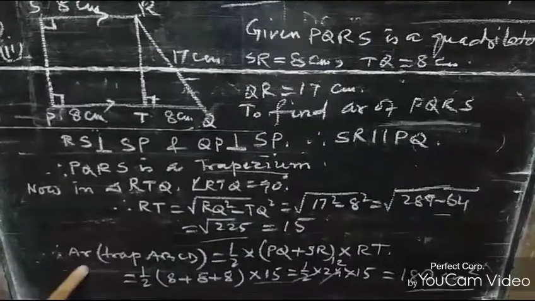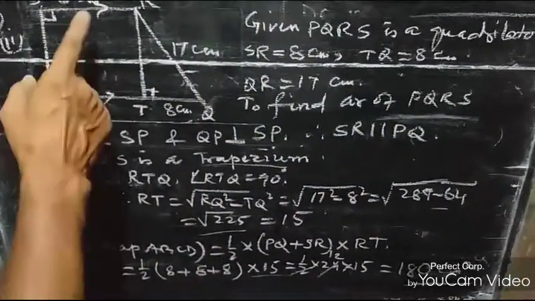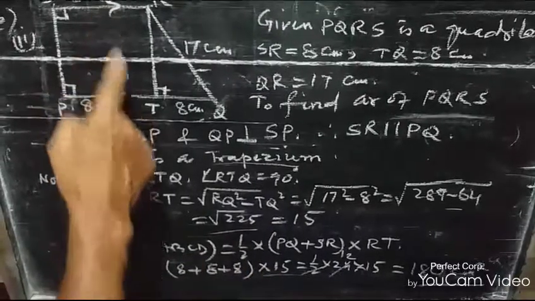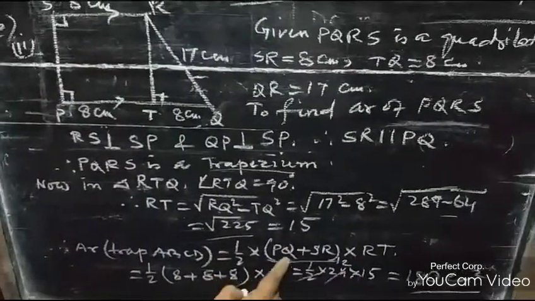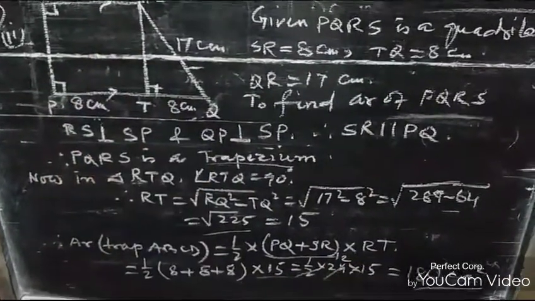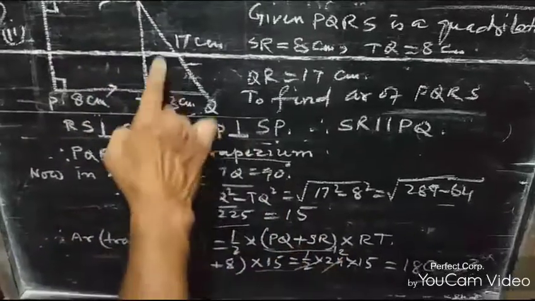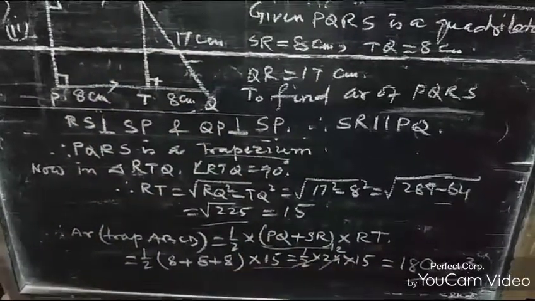Now to find the area of this trapezium PQRS, its area will be half into the sum of the parallel sides into the height between them, that is PQ plus SR into RT.